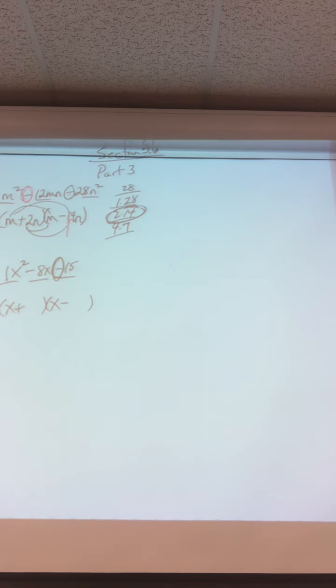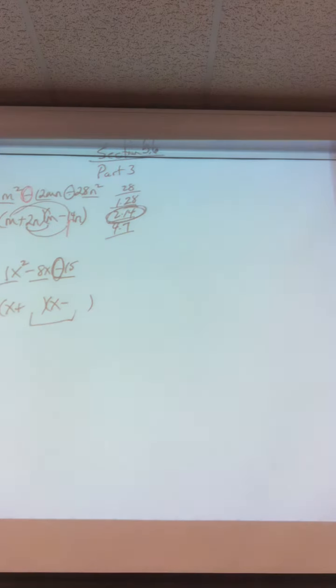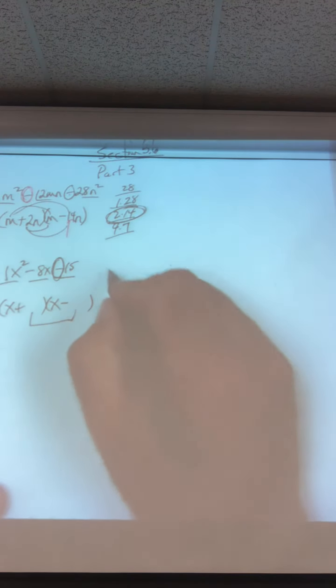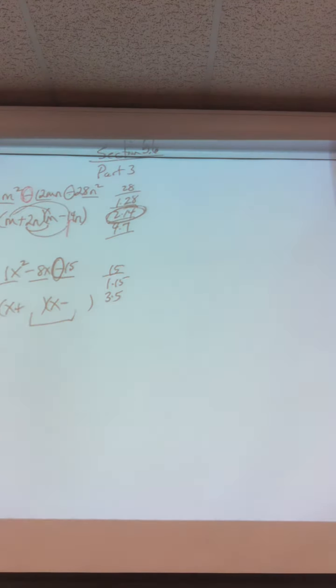Now the last part is to fill in the last two spots. Well, we have to ask ourselves two questions. Question number one, I need two numbers that multiply to give me 15. Be careful right here.